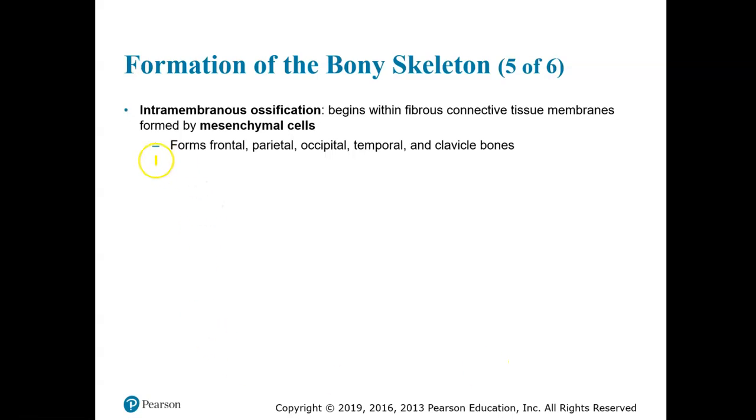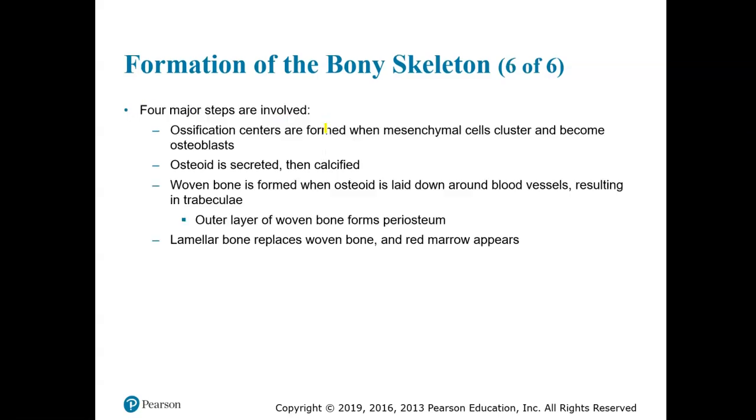Now, intramembranous ossification is how the skull bones form. So it's going to form the frontal bones of the skull, the parietal, occipital, temporal, and then your clavicle bones, which are your collarbones. Intramembranous ossification will begin with mesenchymal cells.